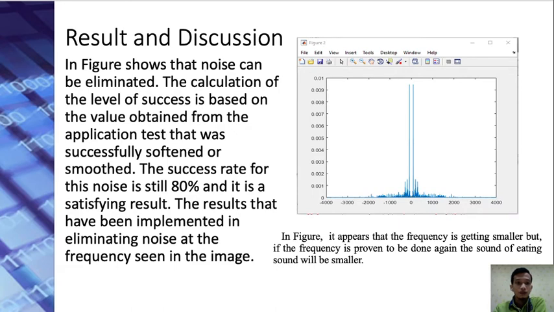The calculation of the level of success is based on the value obtained from the application test that was successfully smoothed. The success rate for this noise is still 80%, which is a satisfying result. These are the results that have been implemented in eliminating noise at the frequency seen in the image.